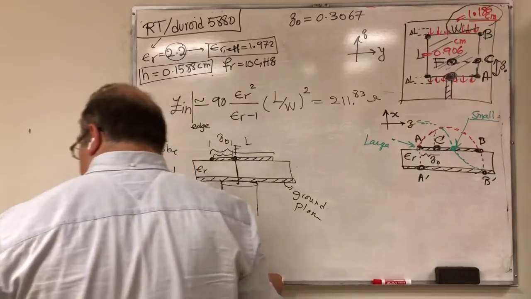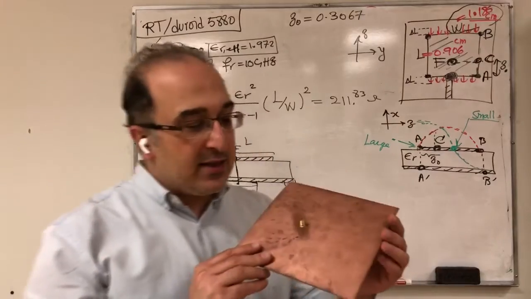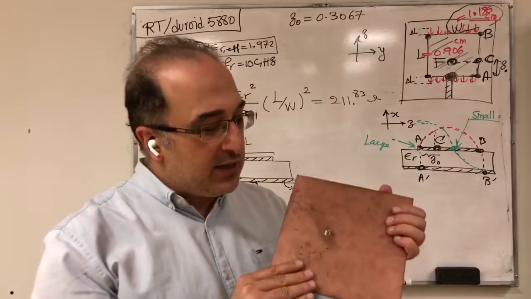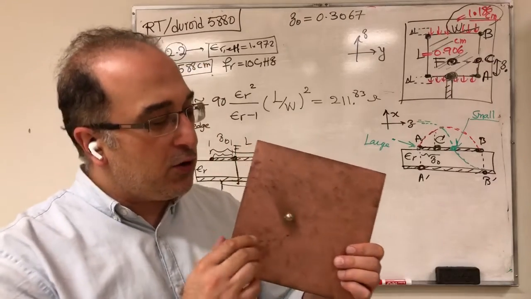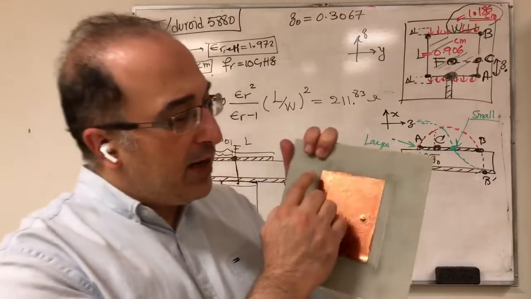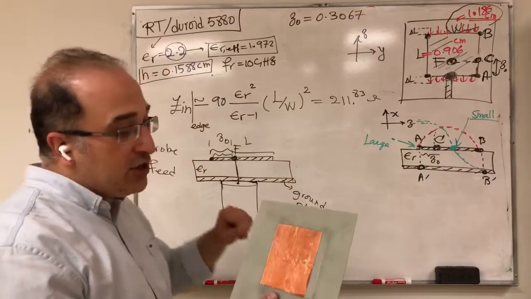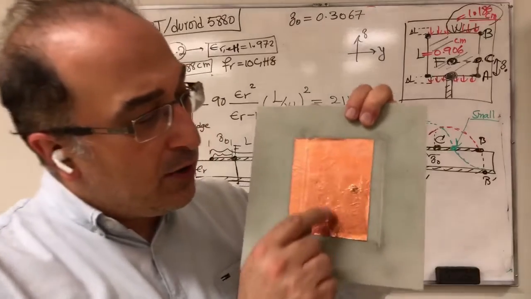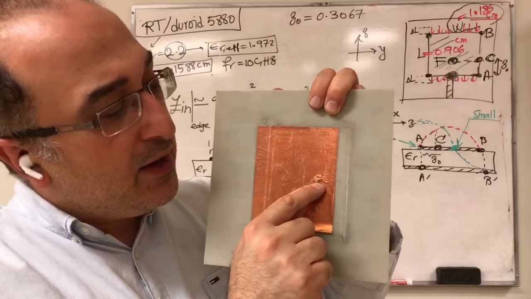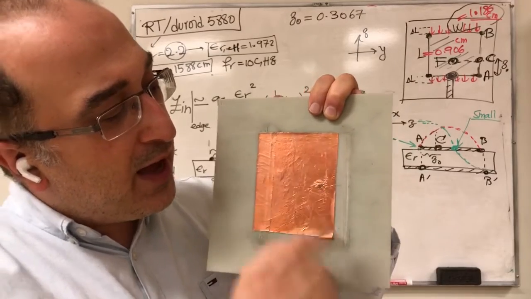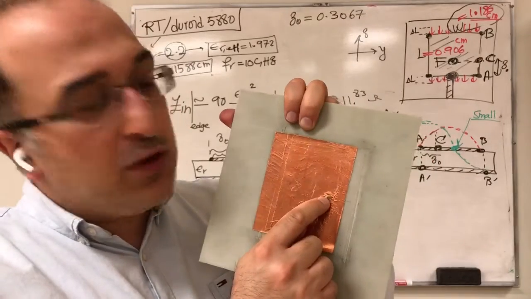And I have one of them here. So this is essentially a substrate, and you see in the back we have the ground plane, and that's our coaxial connector here. So on here we have a copper tape which works as our patch essentially. And I'm not sure how clear this point is, but you see one point at the center, and at this point we have the inner conductor from here soldered to the copper tape.